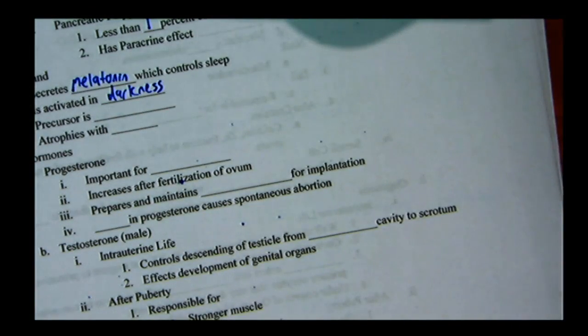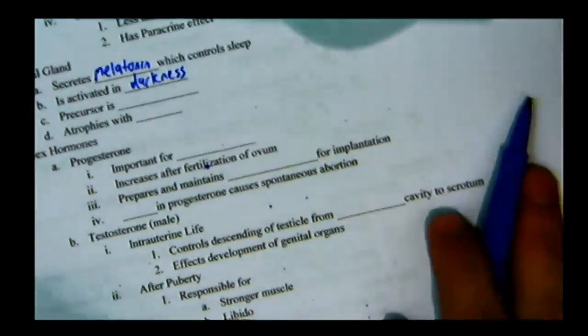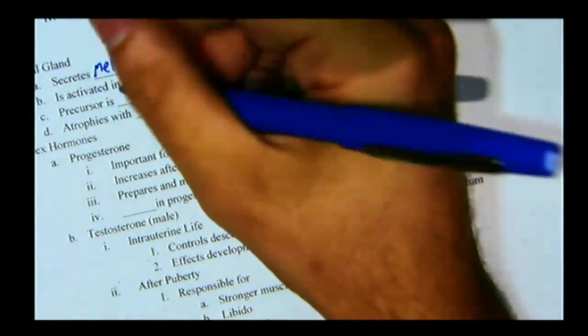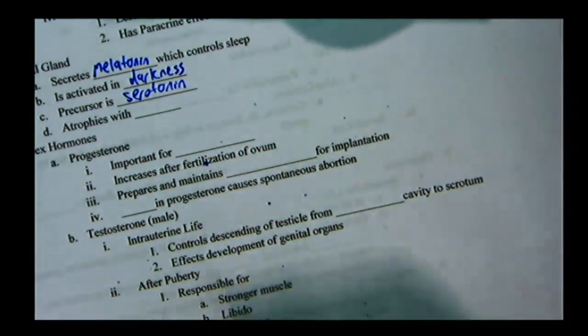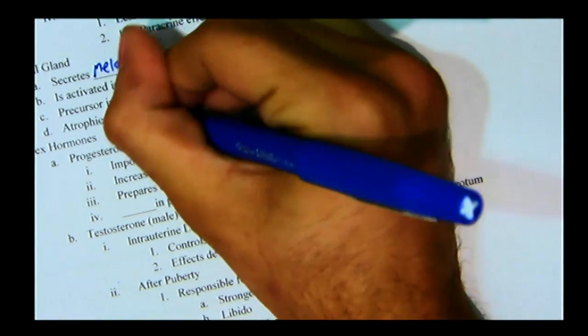Yeah. When you binge watch Arrow. Precursor is what? Serotonin. And atrophies with age. That's why older people can't get enough sleep, because they don't have enough melatonin being secreted.